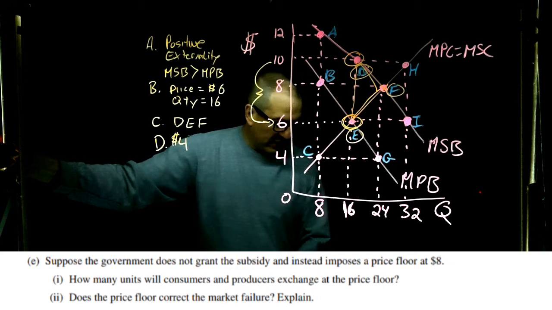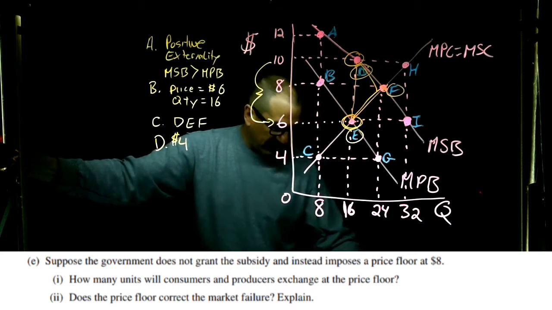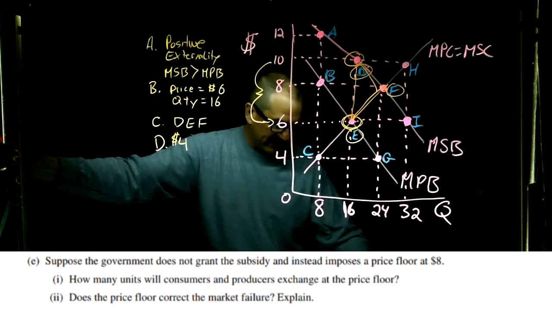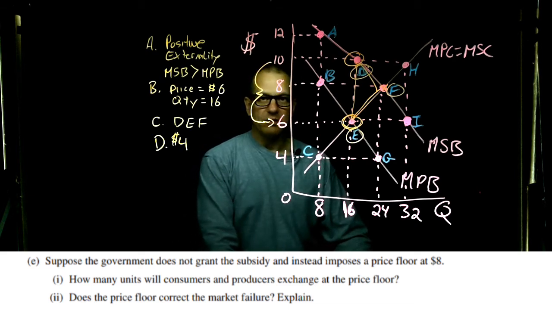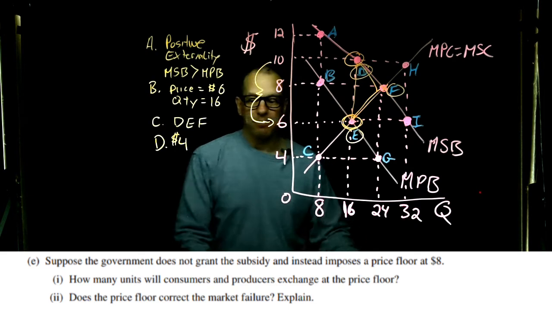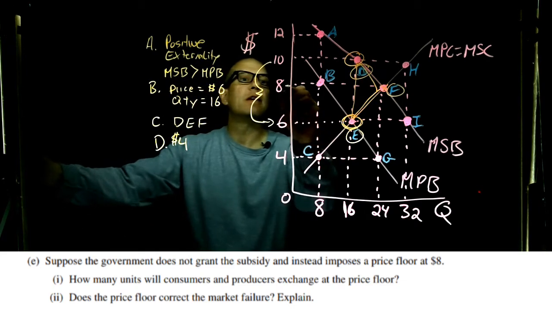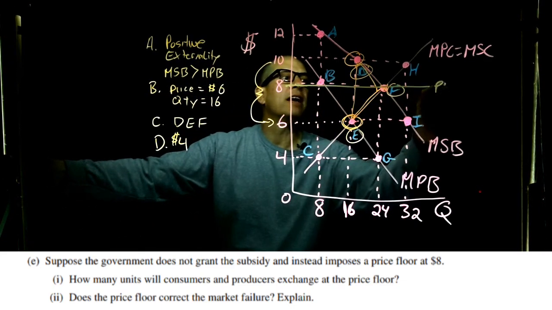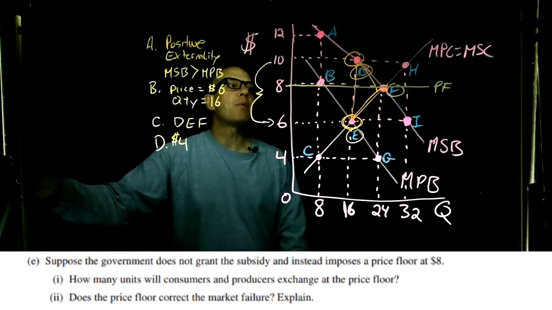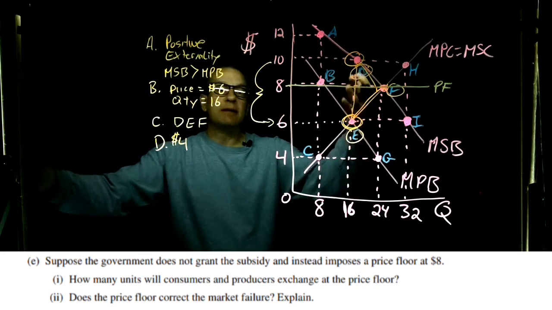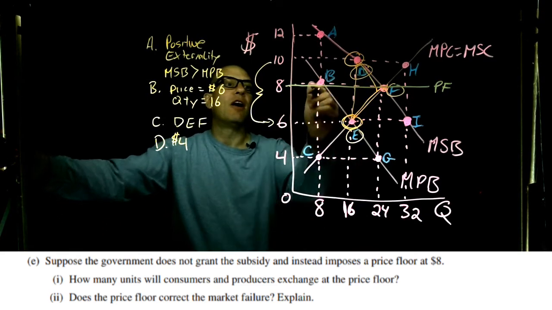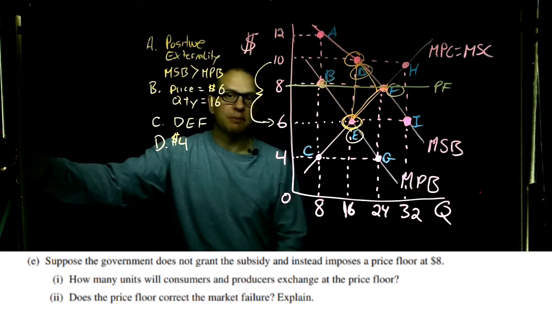For the last question, they ask, suppose that the government imposes a price floor at $8, meaning that the price cannot drop below $8. So when we look at this, the floor would be going across right here. And at that point, what we would have is a situation in which all that's going to be bought is this amount at $8.